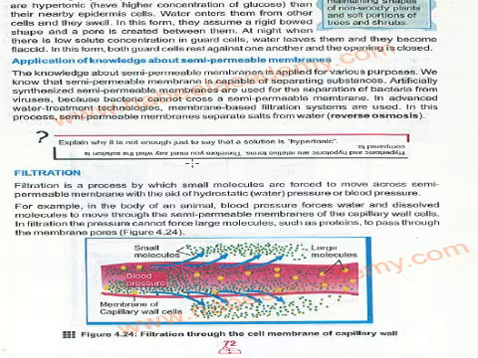For example, when we are talking about the body of an animal, the blood pressure is there and it forces the water and the dissolved molecules to move through the semi-permeable membrane of the capillary cell walls. So if you see this direction, this is the blood pressure, and the blood pressure is making the molecules move. Okay, and what is this?